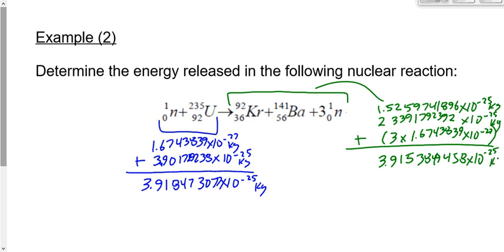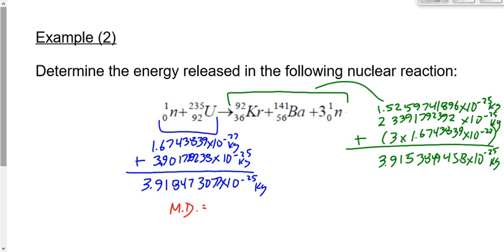Notice that that's ever so slightly smaller than the mass that we started with, right? We lost mass. We expected to lose mass. What do we call that missing mass? The mass defect.